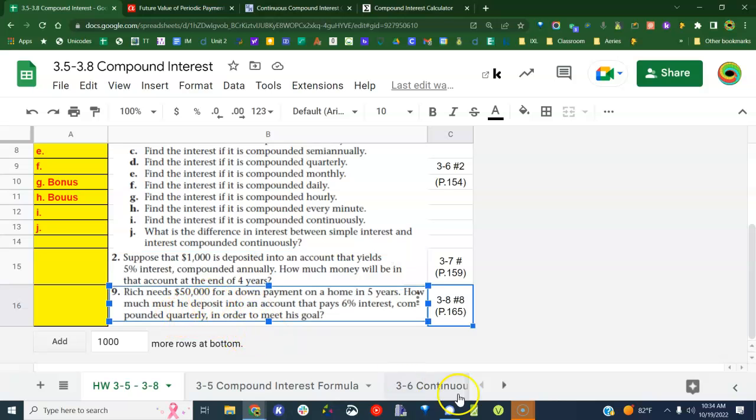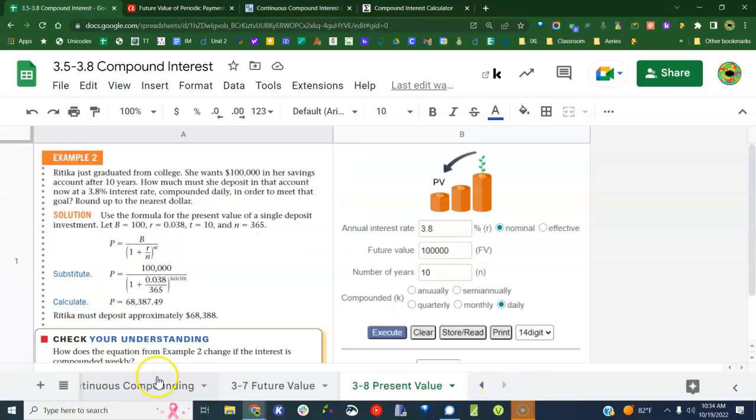So, and the last question is right here. Let's say you want to have $100,000 in savings account after 10 years, and we know the rate is 3.8%. How much do we need to start off with?